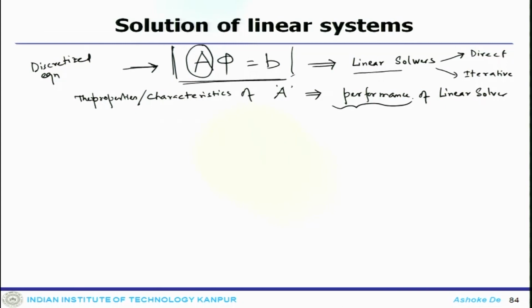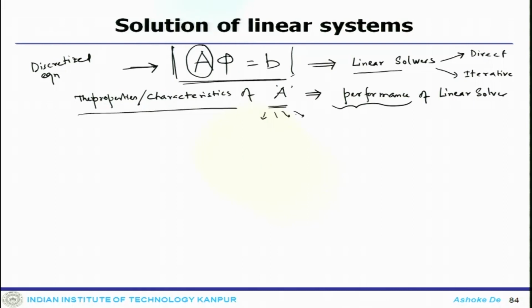So, in that context we need to understand this matrix very well, and with that objective in mind, we have discussed the properties and characteristics of A. We have looked at norms, vectors, spannings and some theorems which could be important.